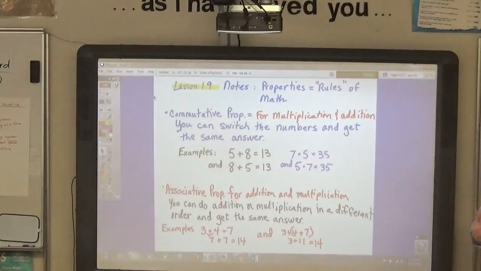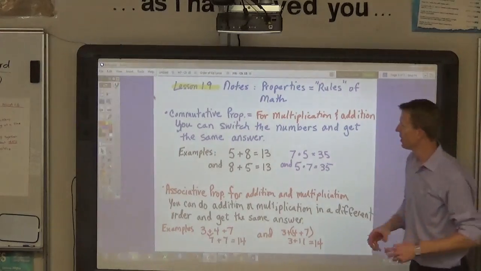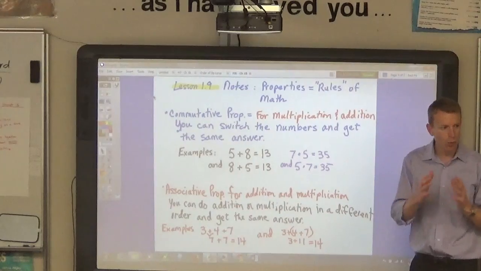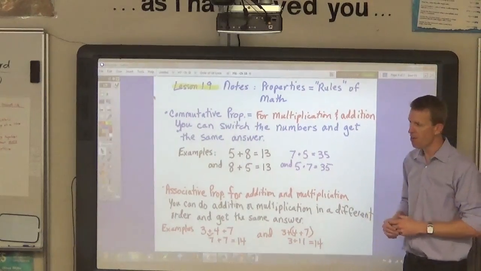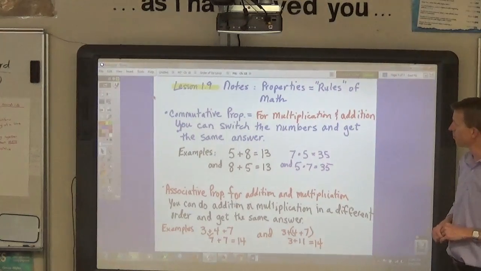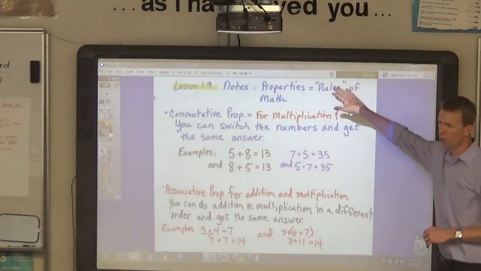There are rules that you can play by in order to play the game of math effectively. They're rules that you can use when you are doing a math problem in order to figure it out more easily.